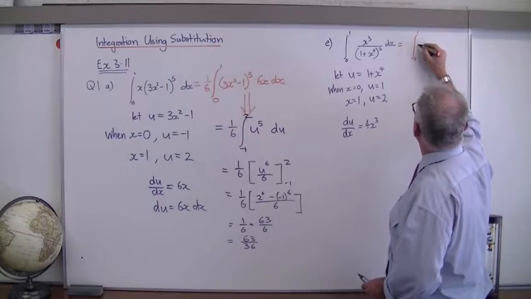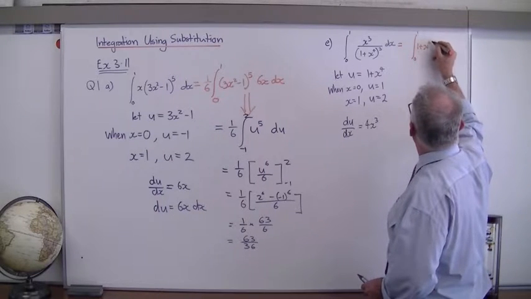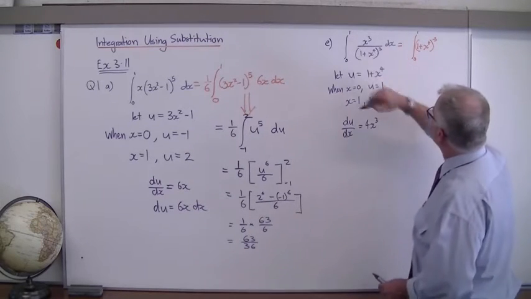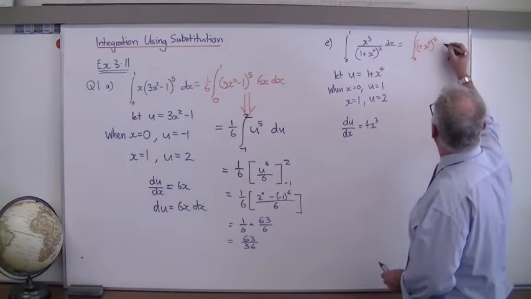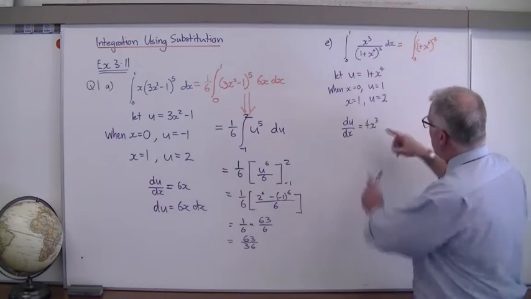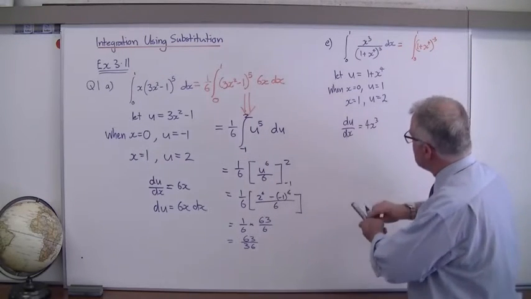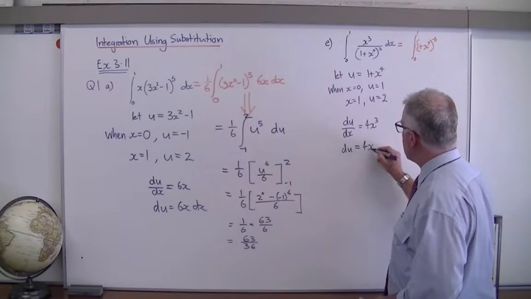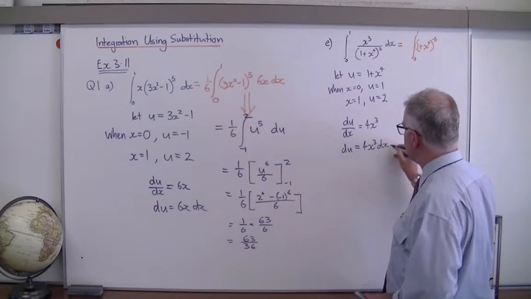This is actually 1 plus x to the power of 4, all to the power of minus 3. I've just written that in index form. And that means du is equal to 4x cubed dx.